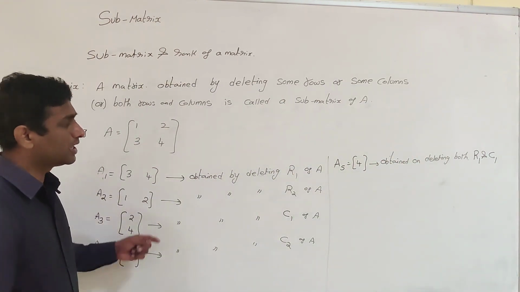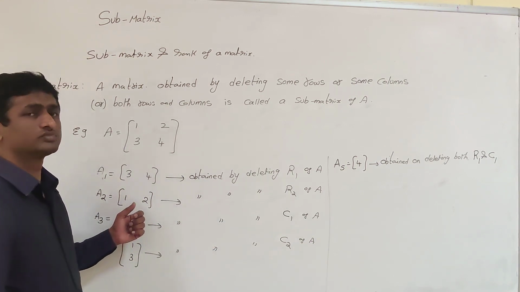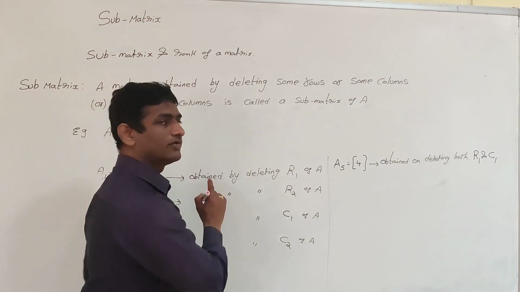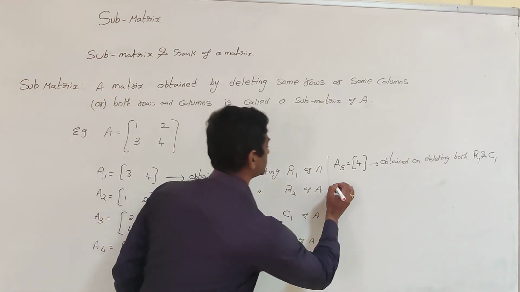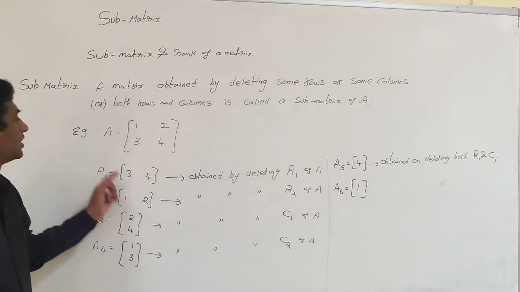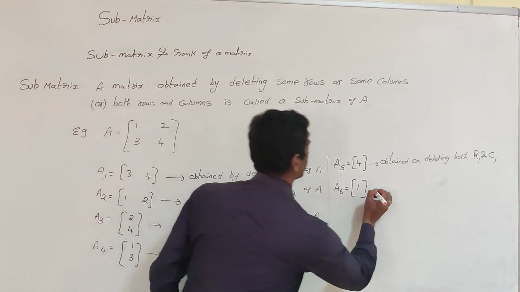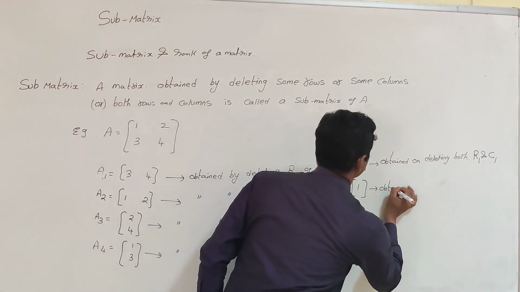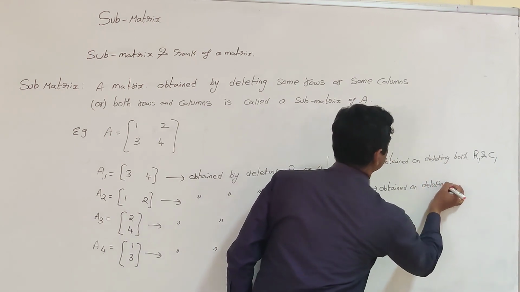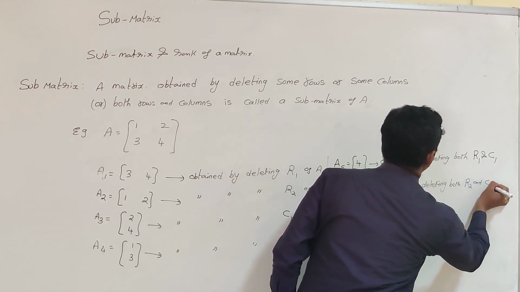So like this we can have many submatrices. If I want to delete row 2 and column 2, you will be left out with only one element. A6 is obtained on deleting both R2 and C2.